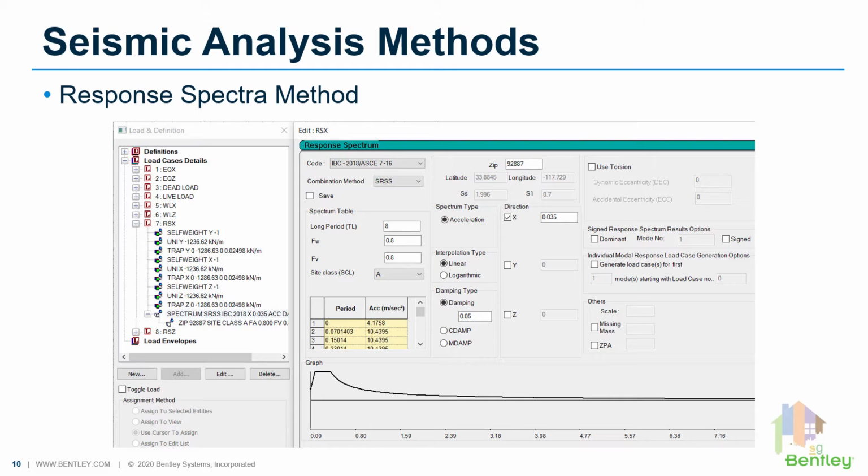There are several other inputs required, like the damping, scale factor, whether you want to consider the torsion, and signed response values. This is a dynamic analysis where response quantities for each mode are computed, and a modal combination method like CQC or SRSS is used to calculate the final response quantity.